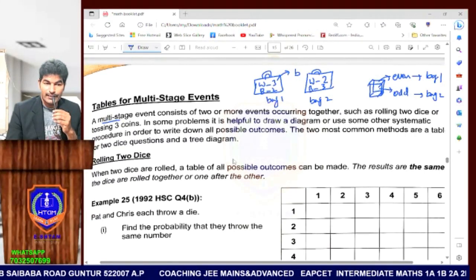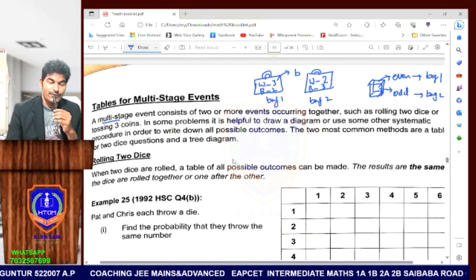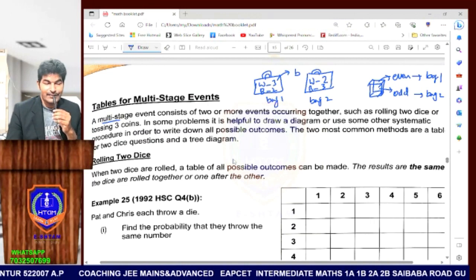First, you are rolling a die. According to the number shown on the top face of the die, you will select a bag. And from that bag, again, you are selecting a ball, and it should be a blue ball. Is that not right? It's a multi-stage event, right?